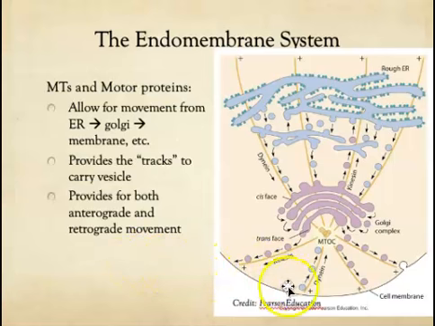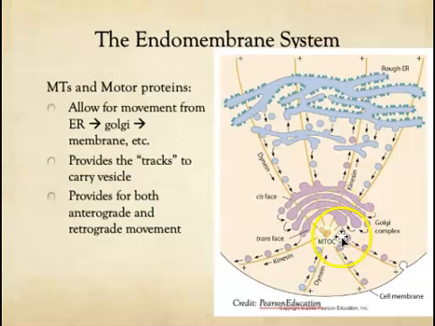So these microtubules all have their positive end at the plasma membrane. In comparison, these microtubules all have their plus end way up here, probably where the nucleus is located, or near to the nucleus anyway.